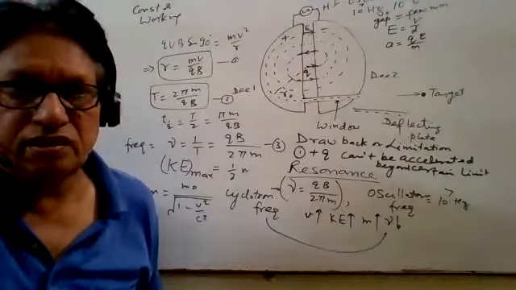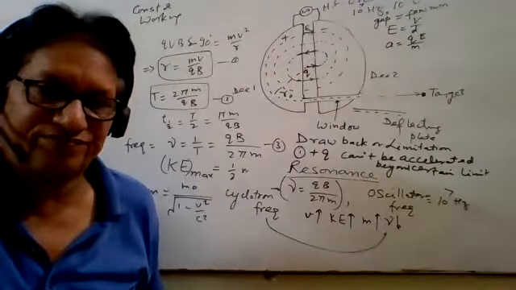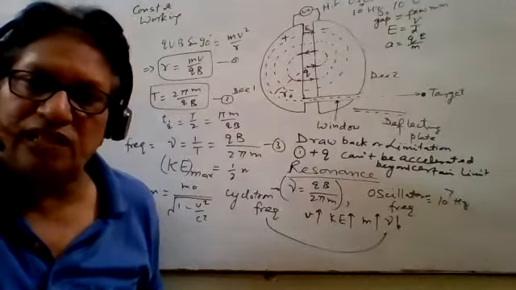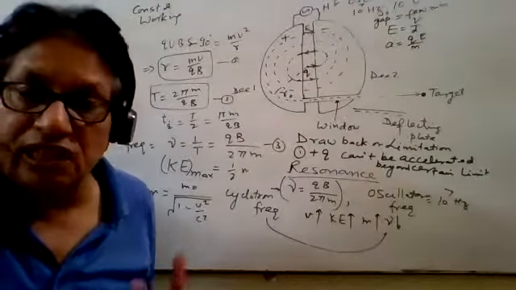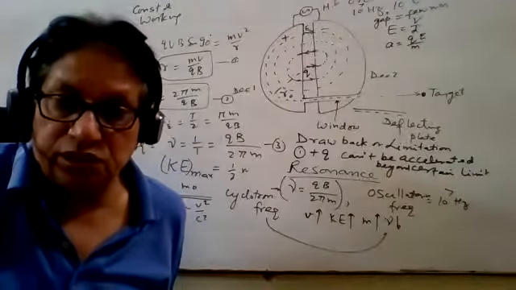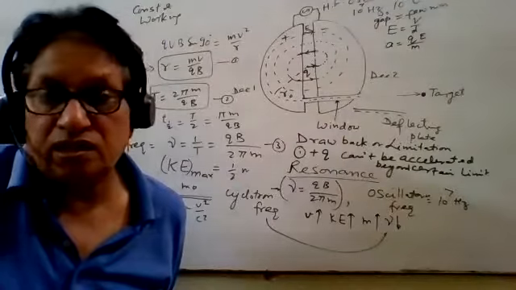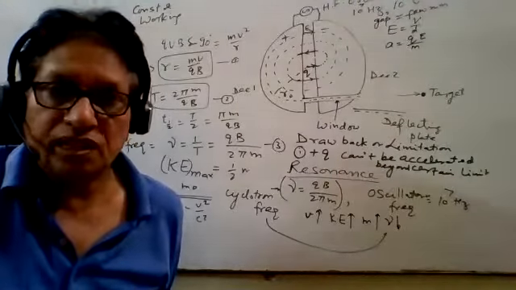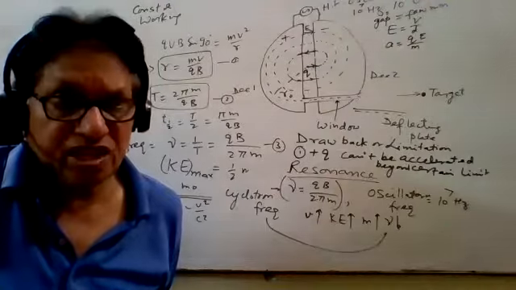Now, the last topic here, moving coil galvanometer. First of all, what is a moving coil galvanometer? This is the device to measure very small current. What is the principle of the moving coil galvanometer?